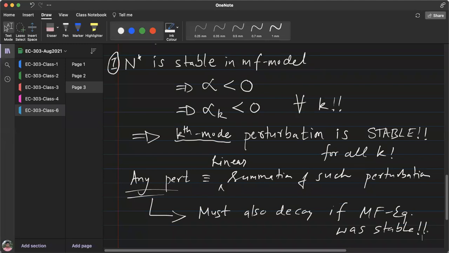Let me know if you agree with this, with my conclusions. Does anyone disagree with my conclusion?